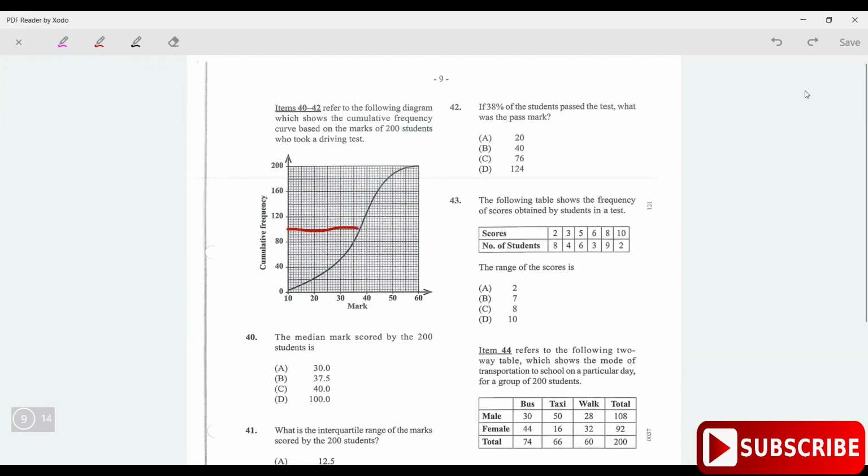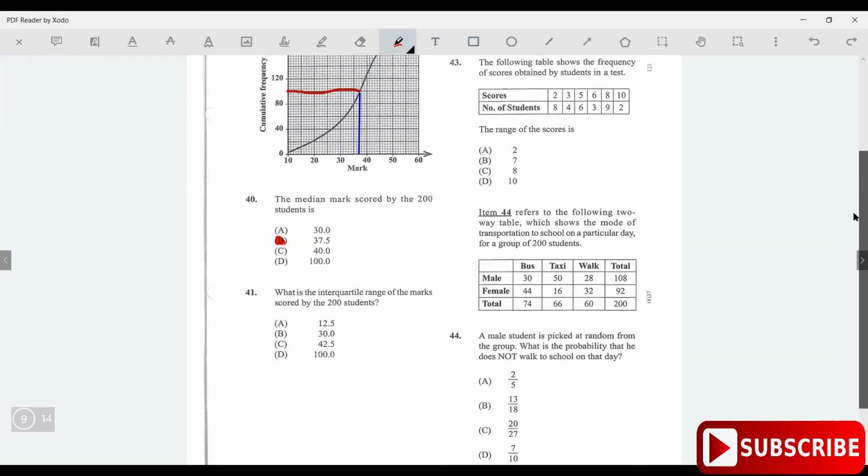And then after we hit right there, you need to go down to find the median score. Going down, right here is the median score, which looks like 35, 36, 37.5. That's the median score, 37.5. Easy.